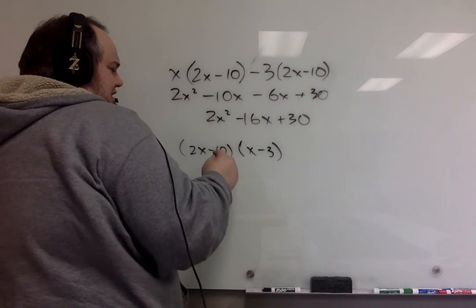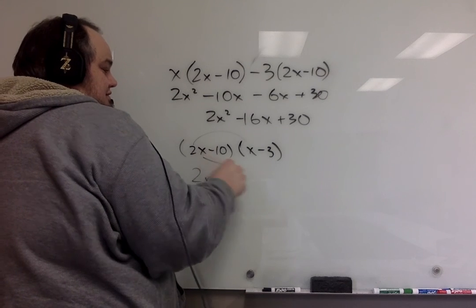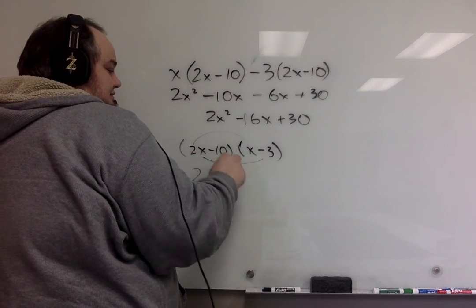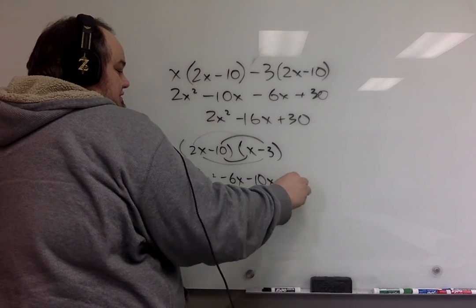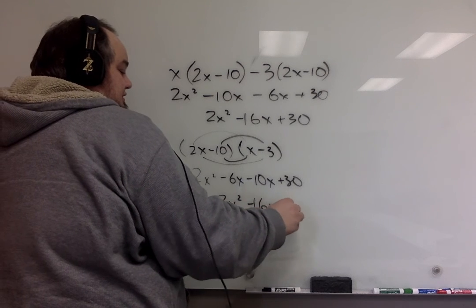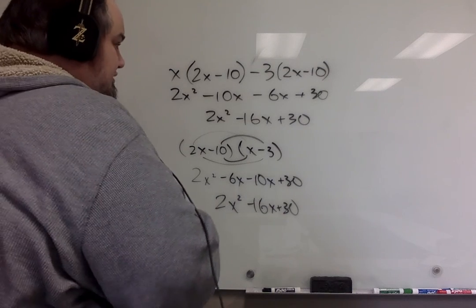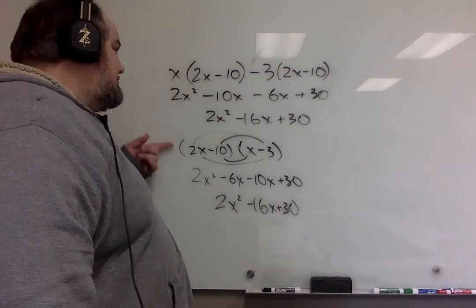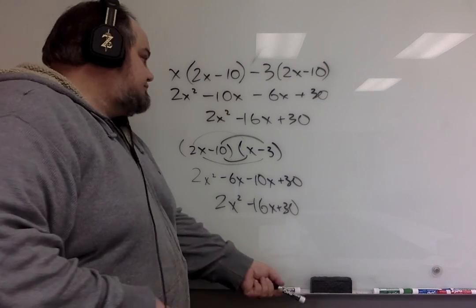Now let's use the FOIL method on this. We get 2x squared minus 6x minus 10x plus 30, which is 2x squared minus 16x plus 30. And if you look, those answers are the same. So that's how we can show that those are actually equivalent. So this is the correct factored form.